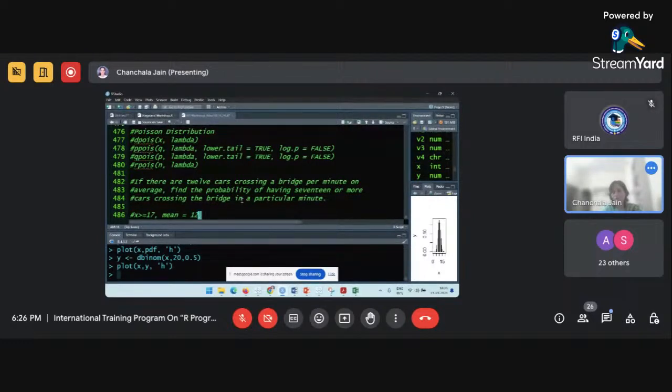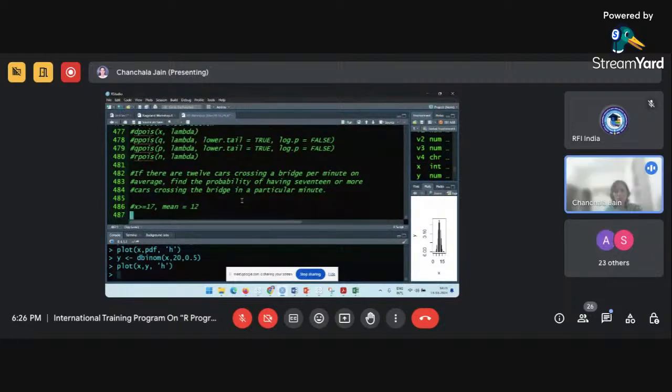Okay. Coming down, using ppois, right? Inside this, what do I need to pass? For 17, comma, or well, 16, comma, 12. Okay. Is it okay?